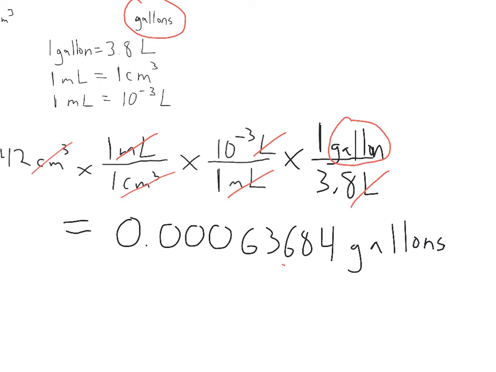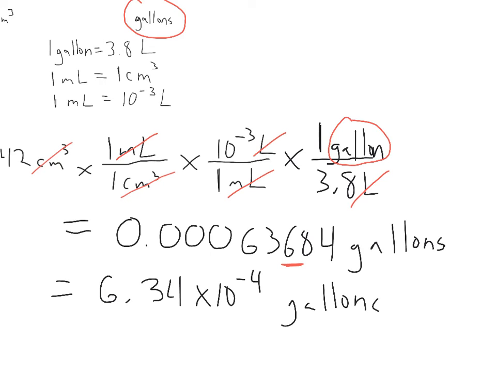So 3 significant figures. If we want to round that to proper significant figures and use scientific notation, that is 6.34 times 10 to the minus 4 gallons. There's the decimal 1, 2, 3, 4 spots.